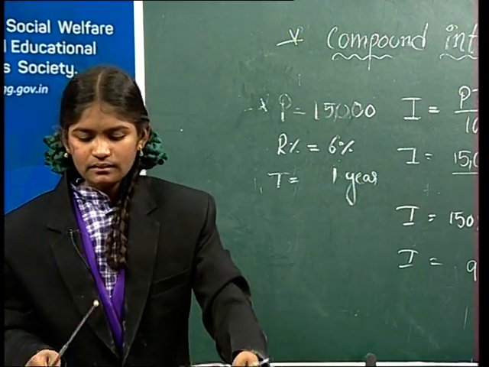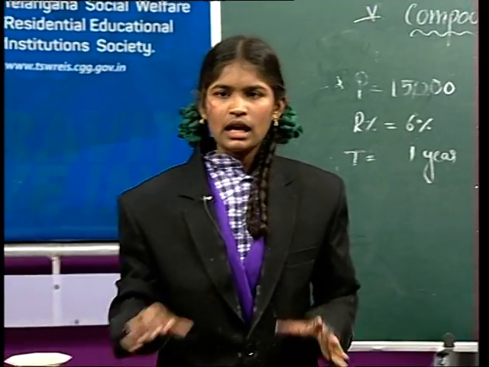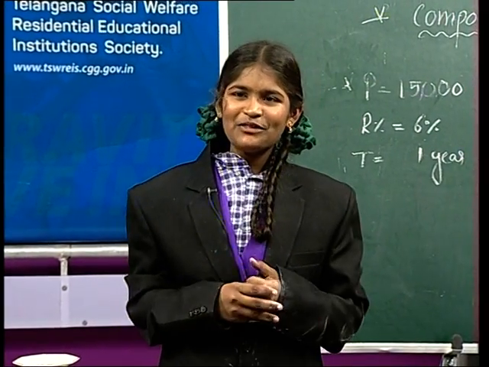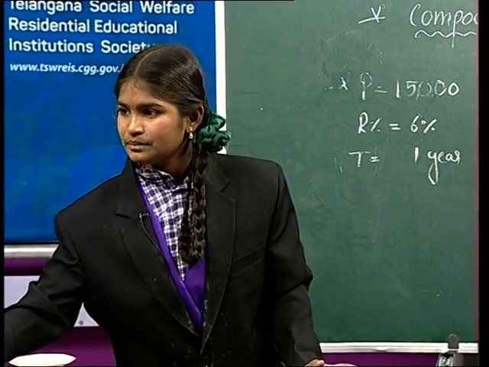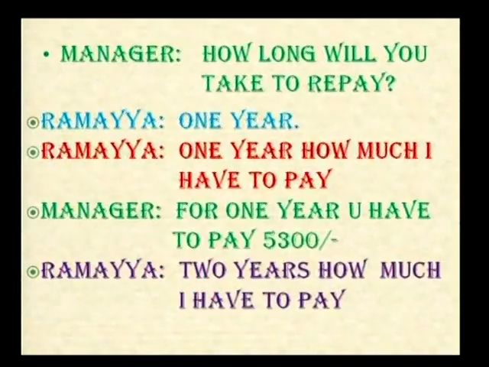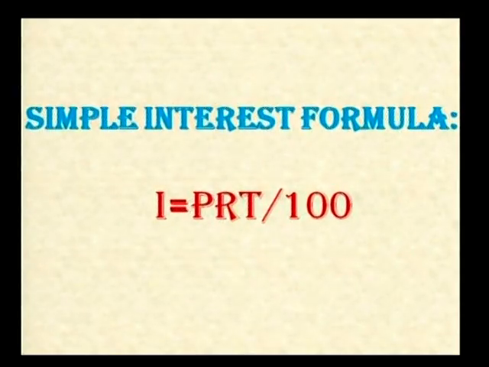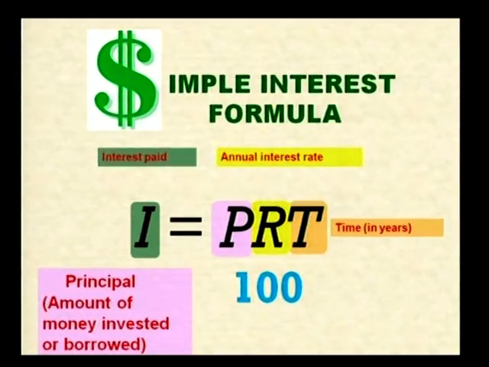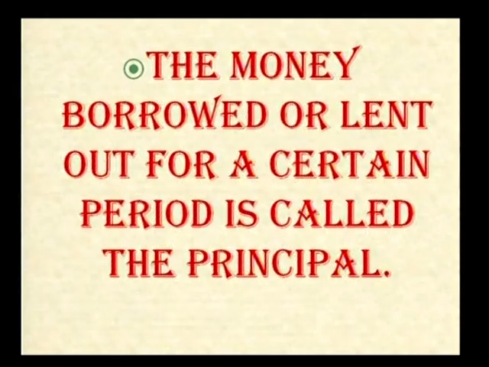Now, can we revise our chapter firstly? First, this is a conversation between the farmer and banker, and the formula I equals PTR by 100, which we said just now. The money borrowed or lent for a certain period is called principal.